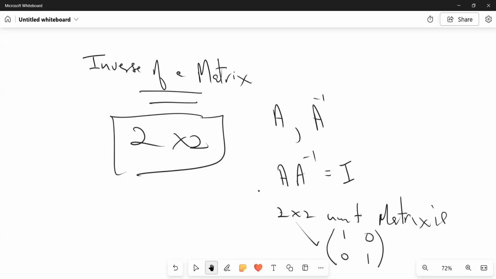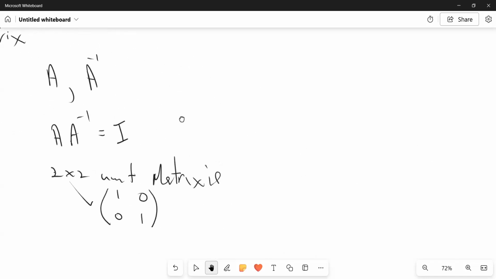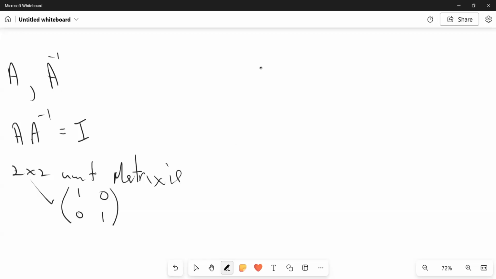How do you find the inverse of a 2 by 2 matrix? That's what we're concerned with. How do you do it? How do you find it?